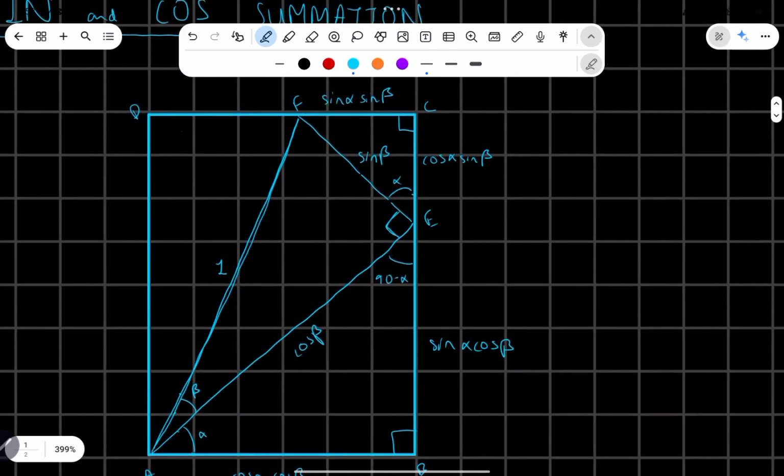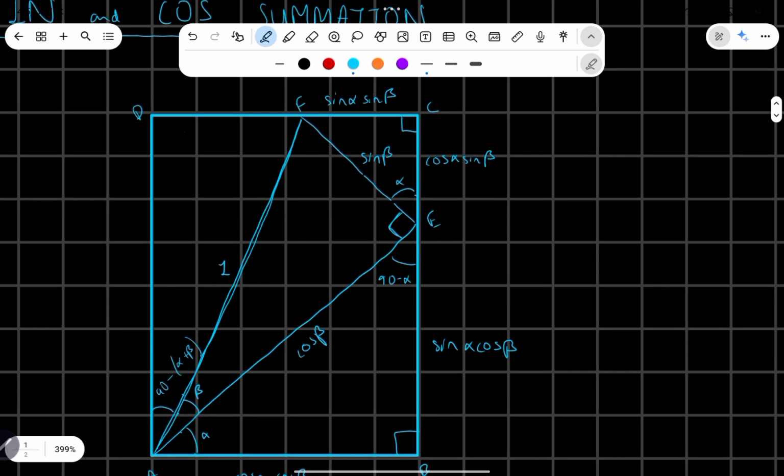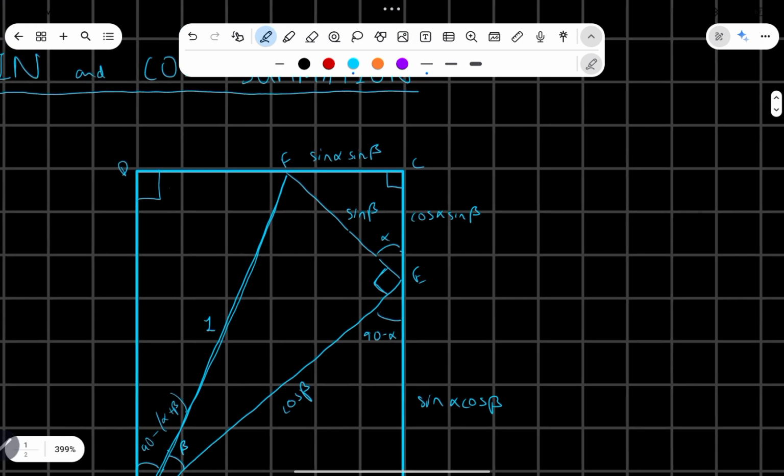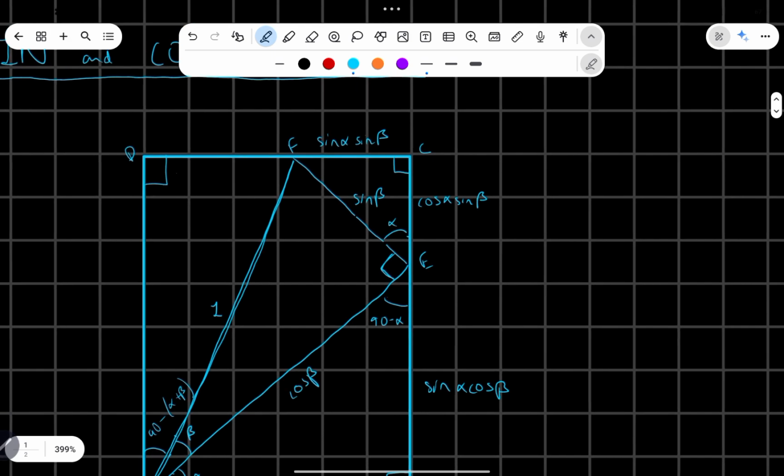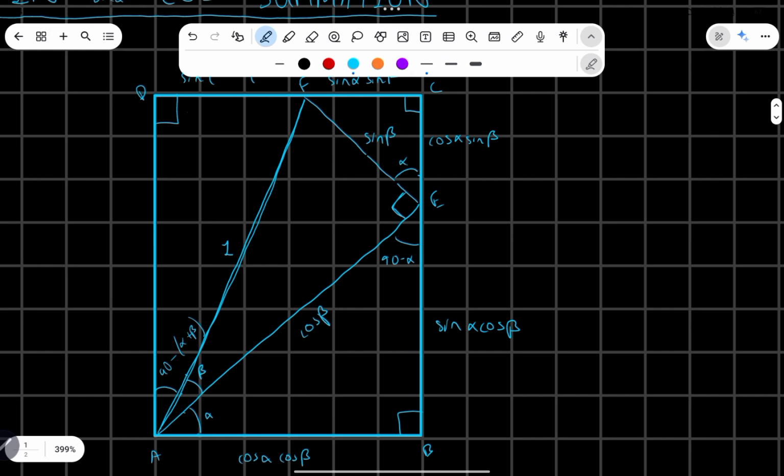And we know that this angle right here is 90 minus alpha plus beta. Okay? And we know that hypotenuse is 1. So side DF is going to be sine 90 minus alpha plus beta. Okay? And AD is just going to be cos 90 minus alpha plus beta.